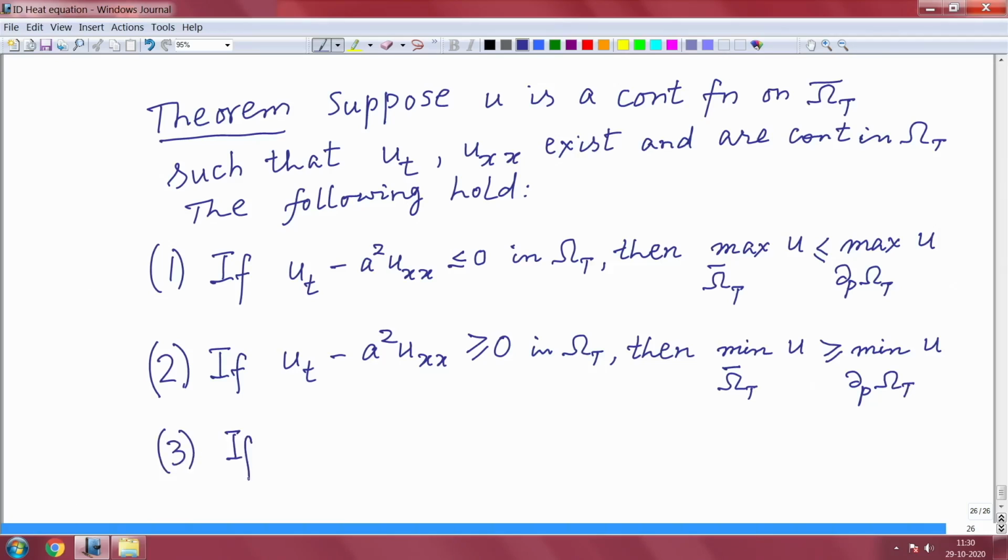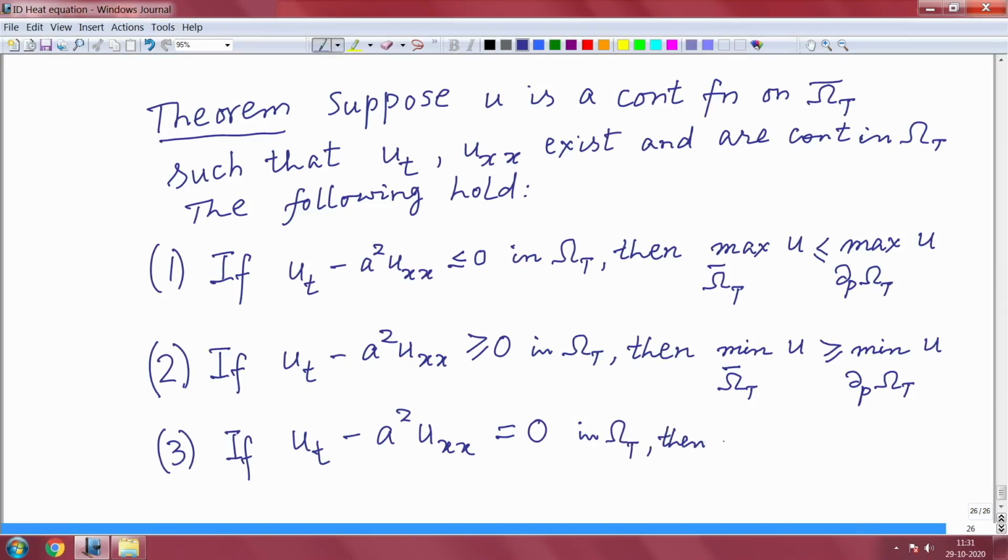And finally, equality. If u t minus a square u x x equal to 0 in omega T, so u satisfies the heat equation in the domain omega T, then you combine these two.